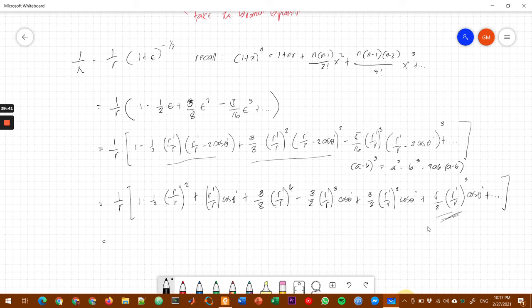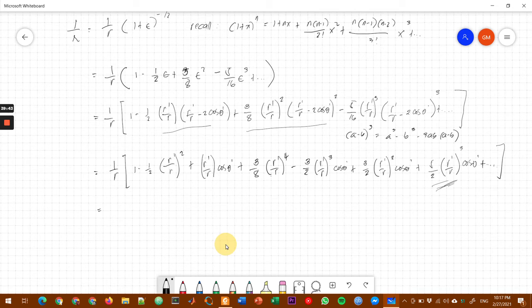Makakuha tag nindot nga pattern. So we have 1 over R. So itong buhaton is ipang-usa na to ang tanan nga R prime over R. Okay? So, asa man ang R prime over R diri. So, this one, R prime over R. The rest kay squared naman na siya. So, unahon nato na.